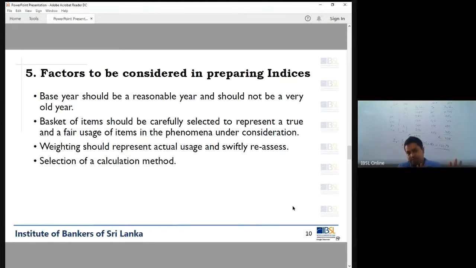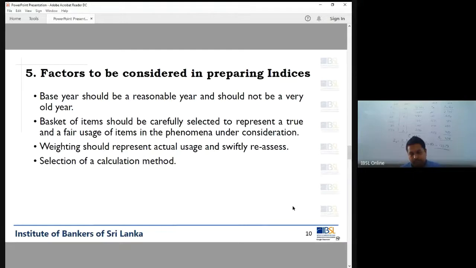You define that first. For that family, you're going to define the usage of food items in a given month. Forget about the rest of the items like fuel, kerosene, gas. Let's forget about those items and just focus on the consumption of food items.